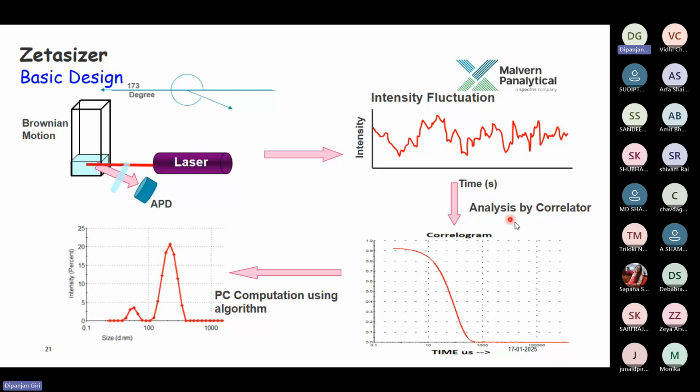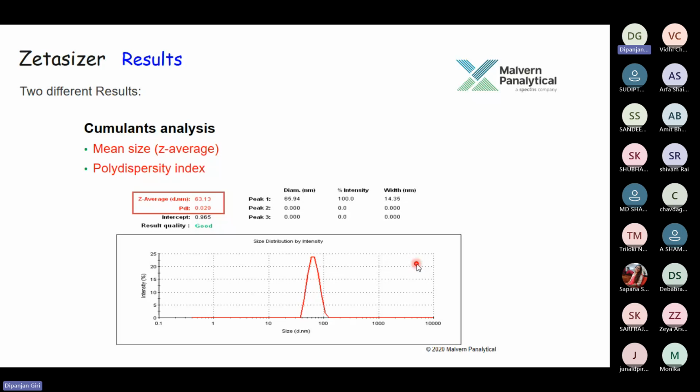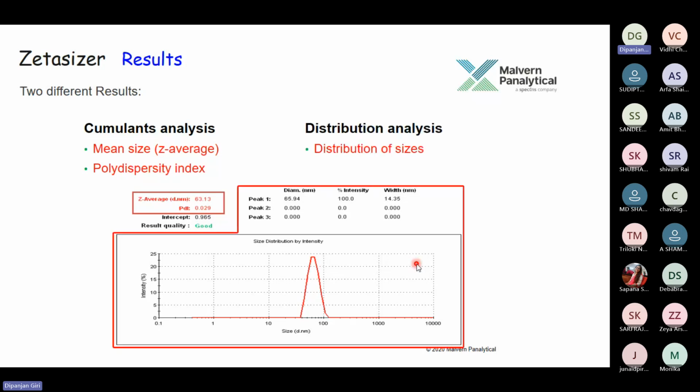You have to analyze all these equations, the correlation will go, it will generate the correlogram, and from that correlogram, with the analysis, we will get the mean size or the polydispersity index that you are probably interested in. This is the main application, and the distribution analysis, whatever I show on that graph, will give you the distribution of the sizes, right?